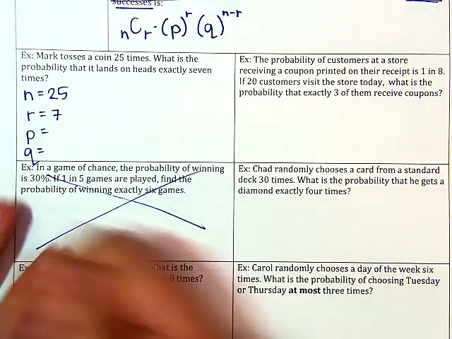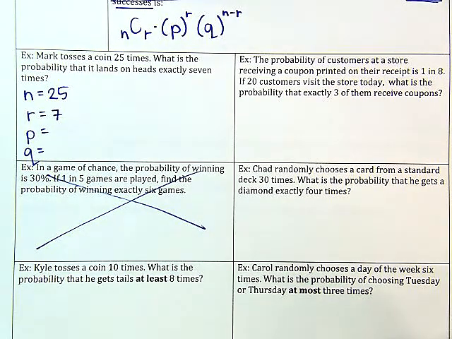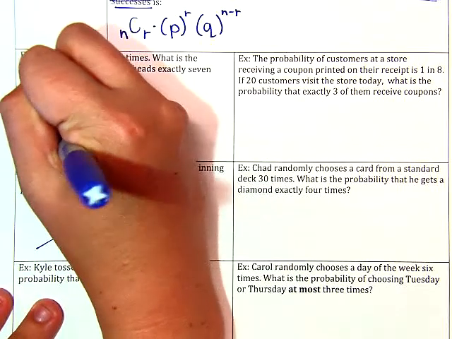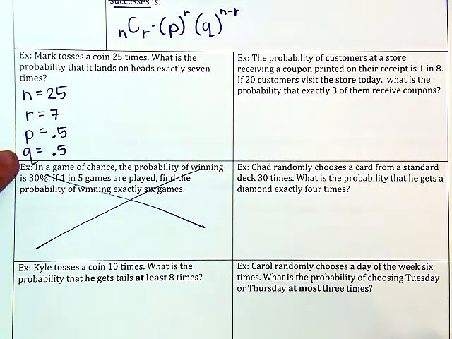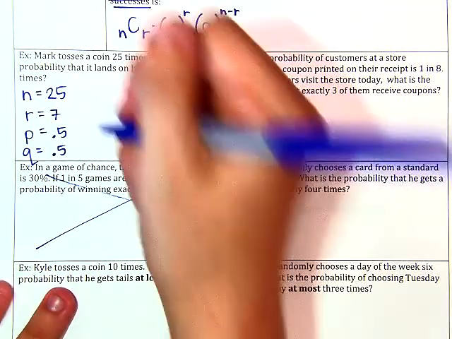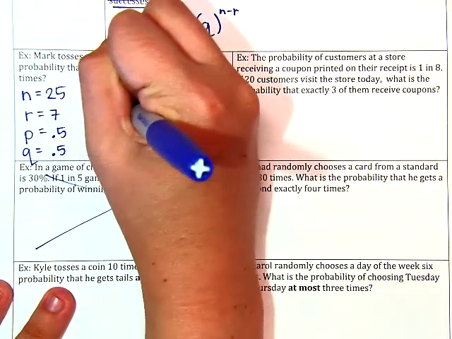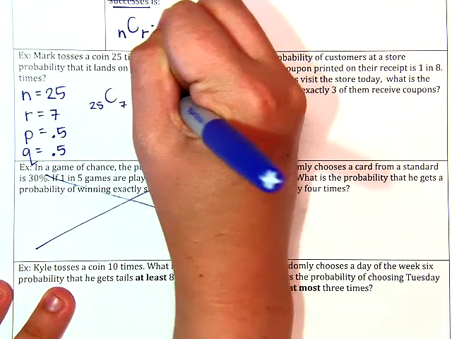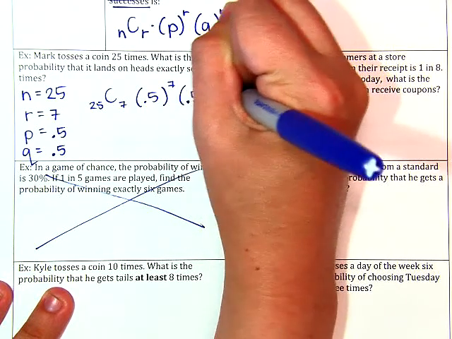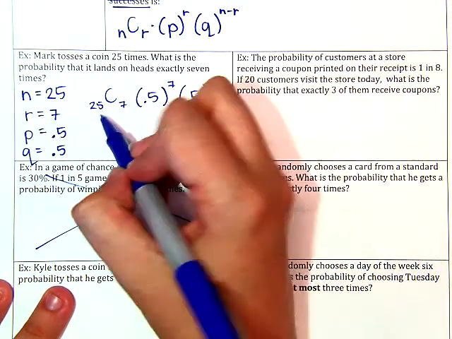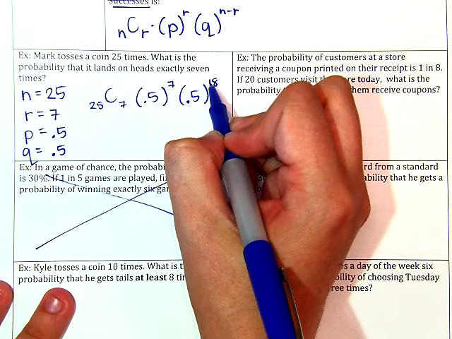My probability of success, if I flip a coin, what's the probability that it lands on heads? It's 1/2 or 0.5. It just happens to be the same thing for Q because it's 50-50, just for this one. So 25C7, 0.5 to the power of 7, the other 0.5 to the power of 18. 25 minus 7 is how I got that.